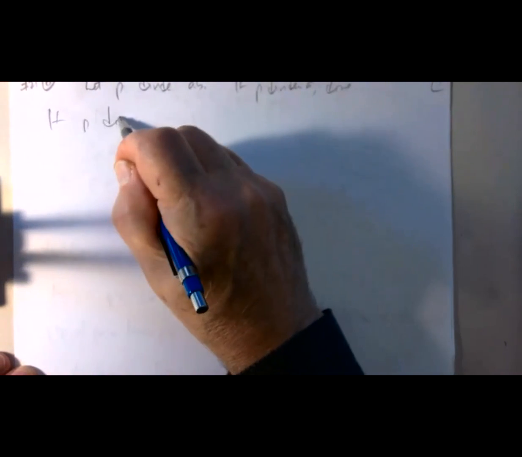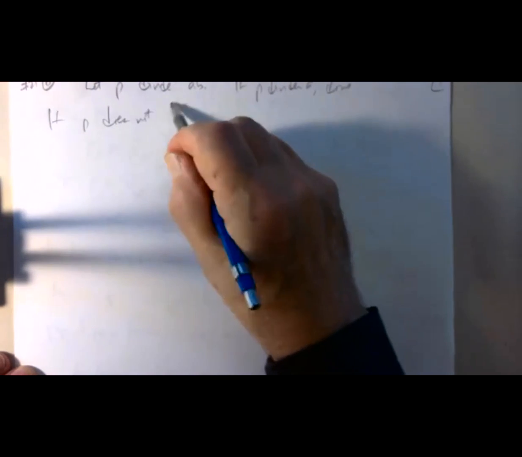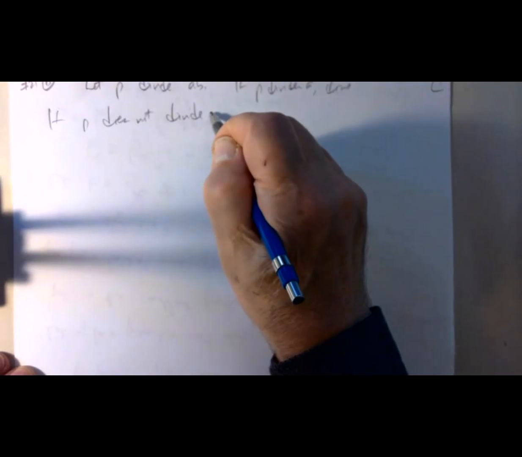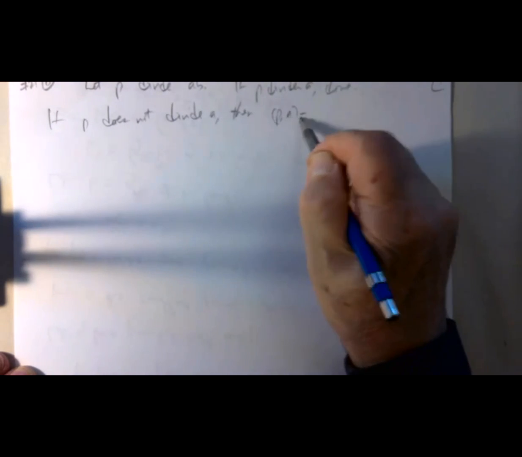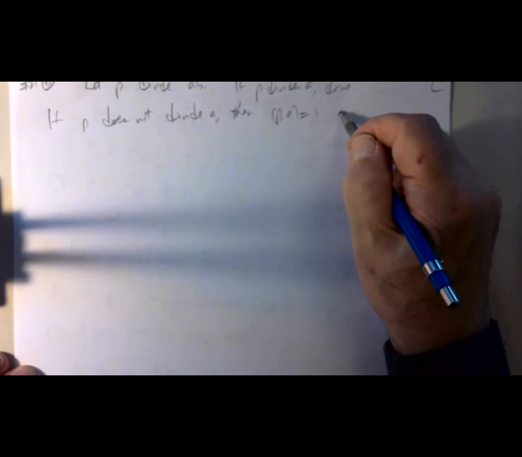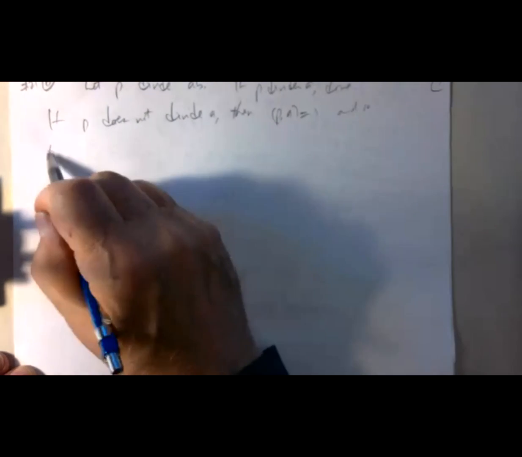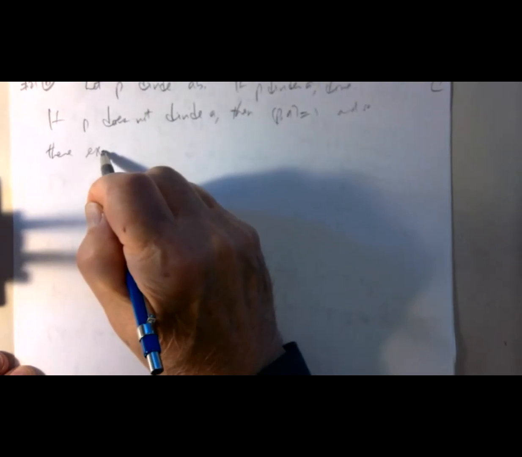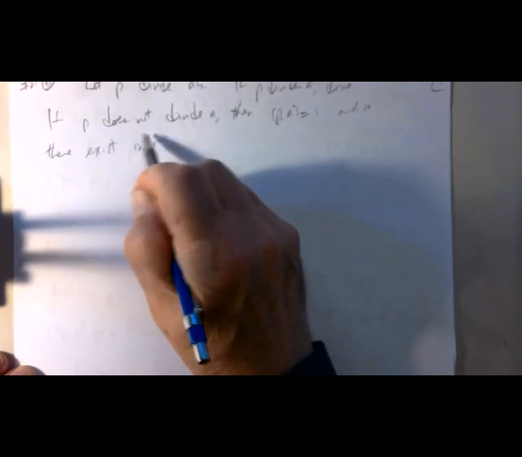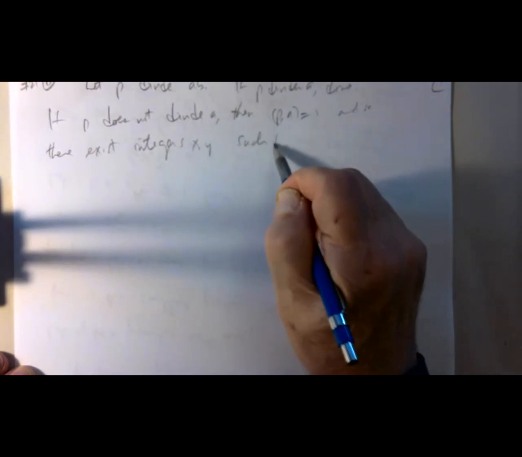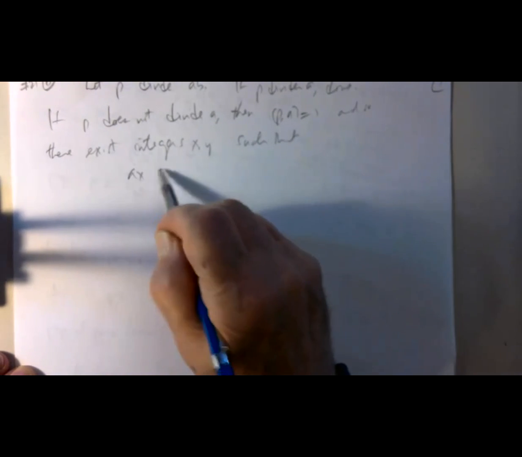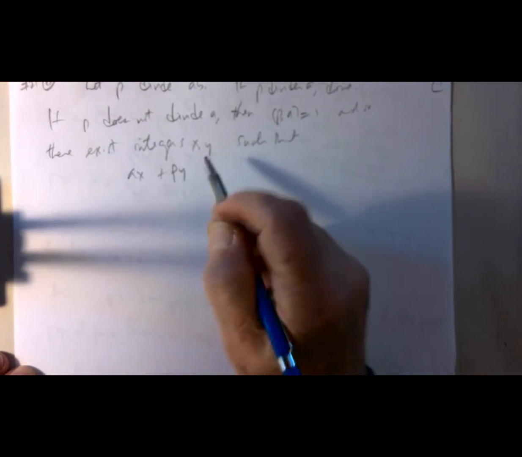If P does not divide A, then the greatest common divisor of P and A is 1. And so there exist integers X and Y such that AX plus PY equals 1.